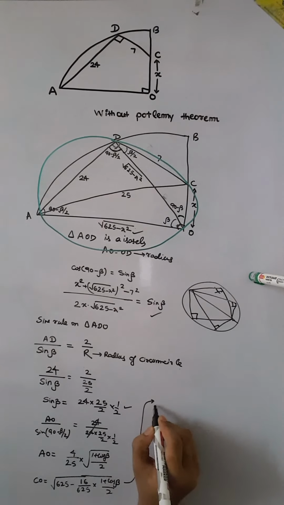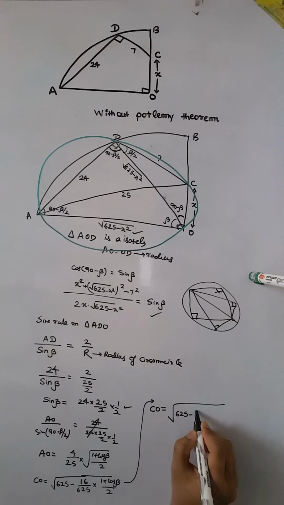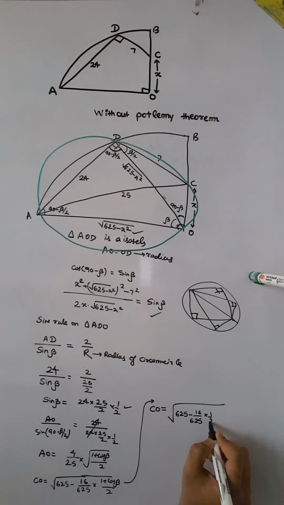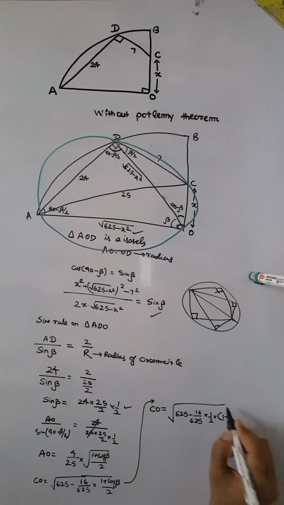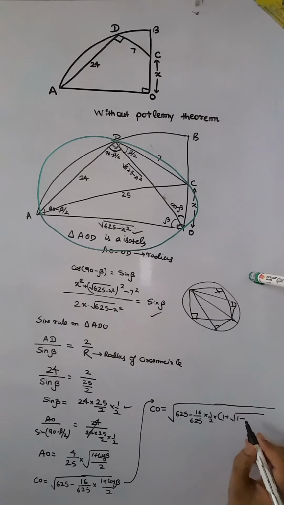So taking this here, we get CO as the square root of 625 minus 16 divided by 625 into 1 by 2 into 1 plus cos beta, where cos beta can be represented as the square root of 1 minus sine square beta, where sine beta is this.